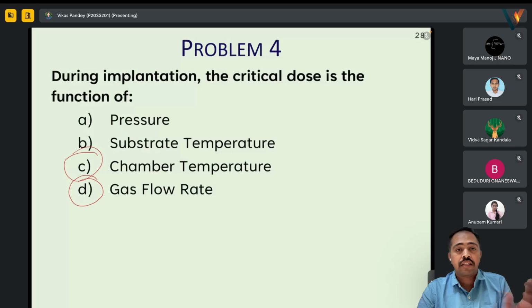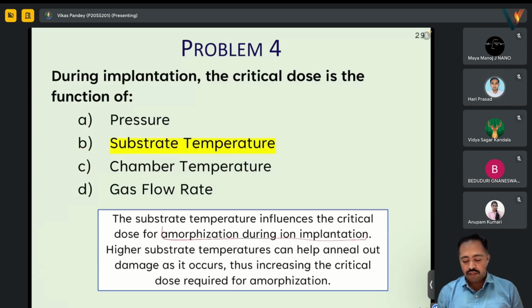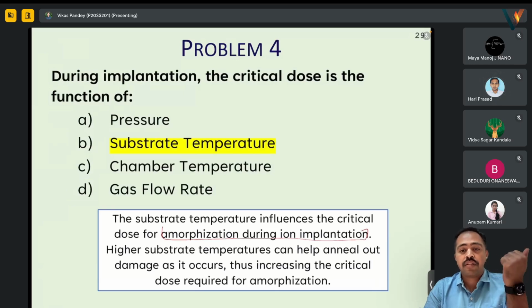It is the temperature of the substrate. Annealing rate, sir. Annealing, yes. So the critical dose for amorphization during ion implantation: a higher substrate temperature can help anneal out the damage.